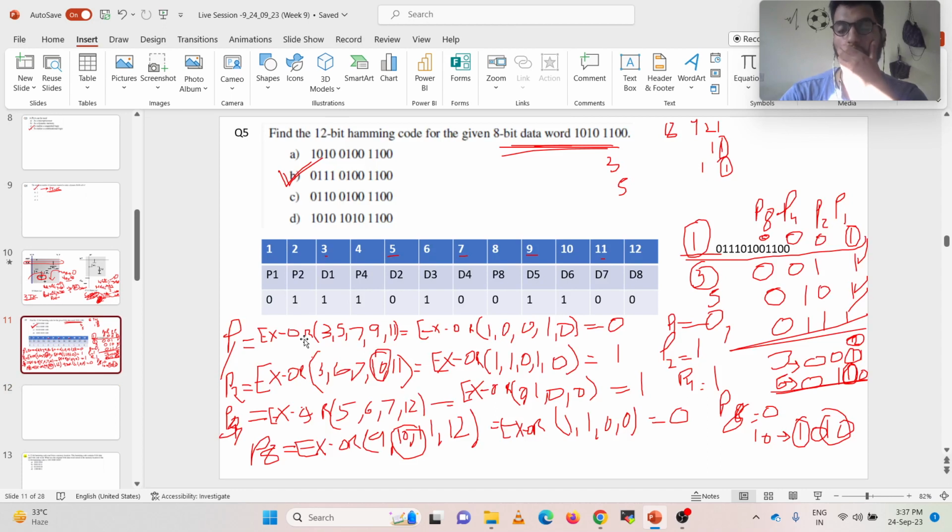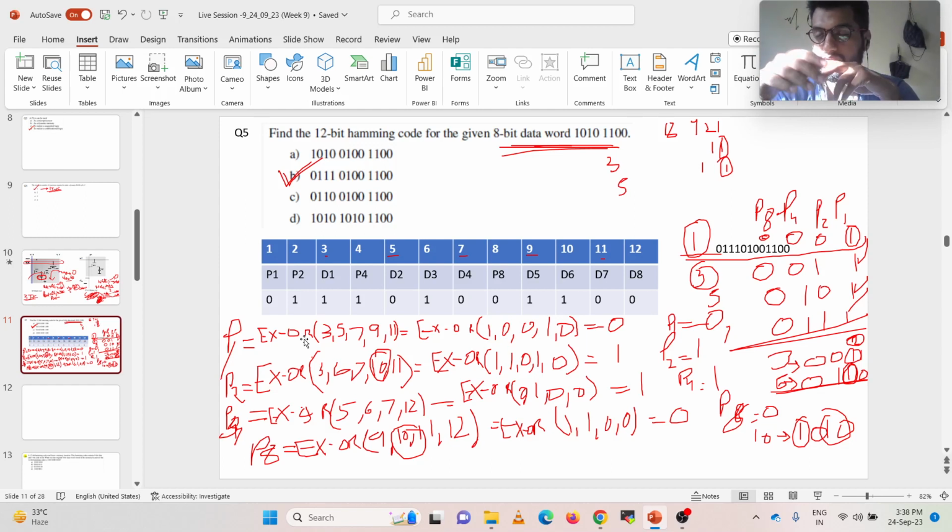So for all the places where the P1 position, the first bit position, has a 1 in the 8421 representation, I'll mark all those bits and use them for finding P1. These are all odd numbers: 3, 5, 7, 9, 11, because all of them will have 1. And then we have 3, 6, 7, 10, 11.